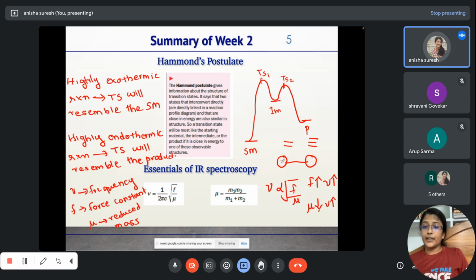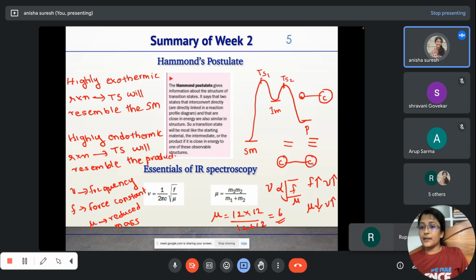And if we have two different atoms, consider carbon-carbon and carbon-hydrogen. In the case of carbon-carbon, we calculate mu equal to m1 m2 divided by m1 plus m2. The mass of carbon is 12, so 12 into 12 divided by 12 plus 12 equals 6 for the carbon-carbon single bond.